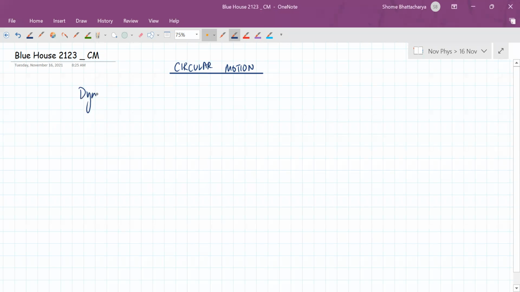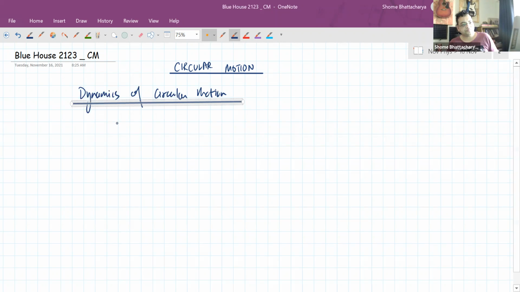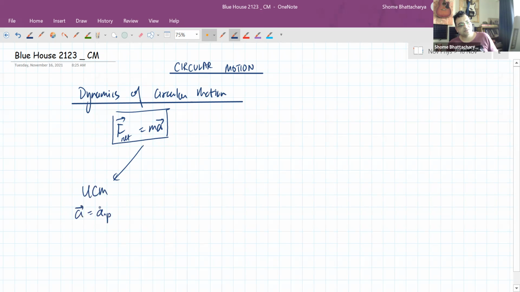Right. So in dynamics of circular motion, we saw that when we apply Newton's second law, the net force is equal to mass into acceleration. Depending on the type of circular motion, for uniform circular motion, the acceleration is purely the centripetal acceleration.